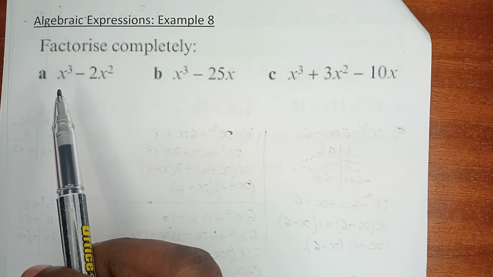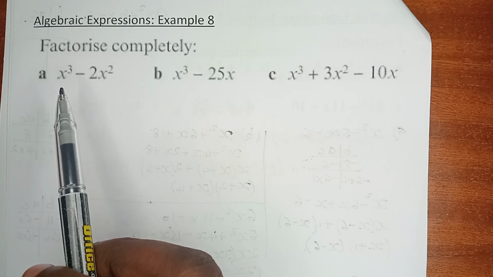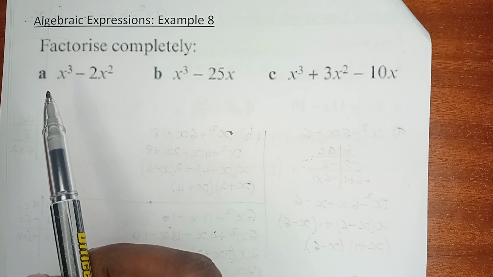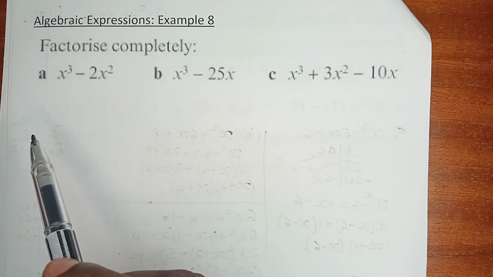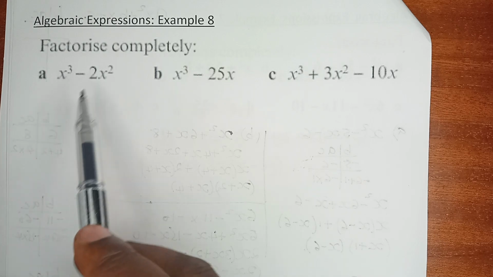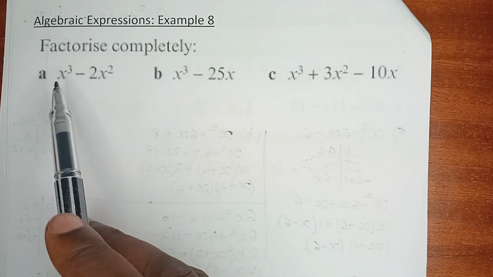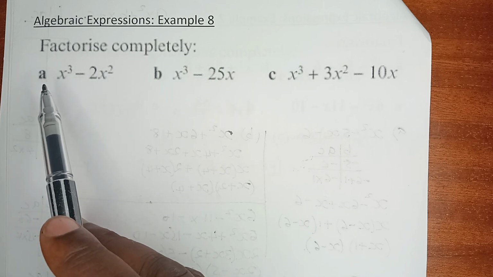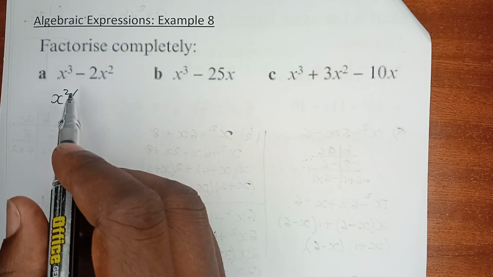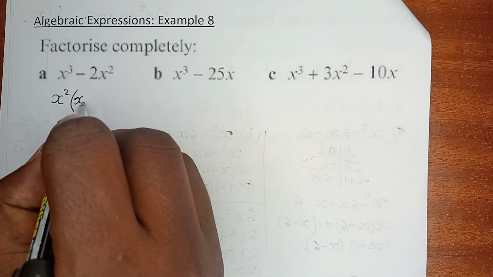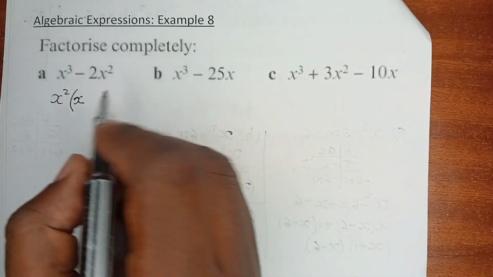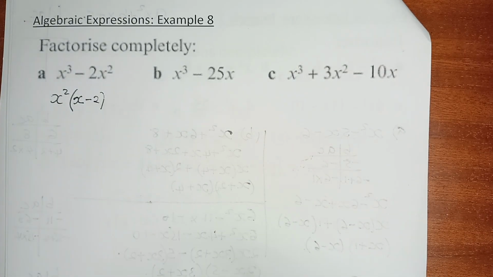squared. If you have a variable that is having an index, and we have that variable appearing in 2 terms or even 3 terms, the least index is actually the common factor in all the terms, because you realize that, for example, x squared is the common factor, because within x cubed there is x squared, and let us have it outside here, x squared open bracket, x cubed divided by x squared is now x, and 2x squared divided by x squared is negative 2, and that is it.